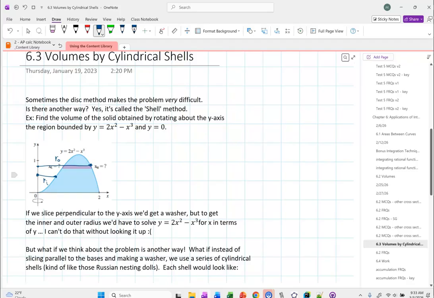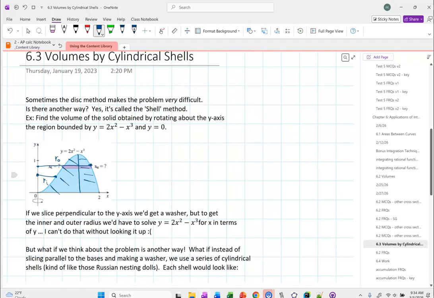What would you have to do? You'd have to break it into two areas at the maximum and find the volume of rotation for this half, and then do the volume of rotation for the other half and add them together. Pain, but doable.